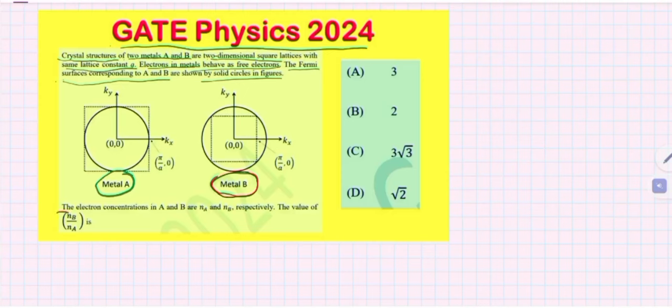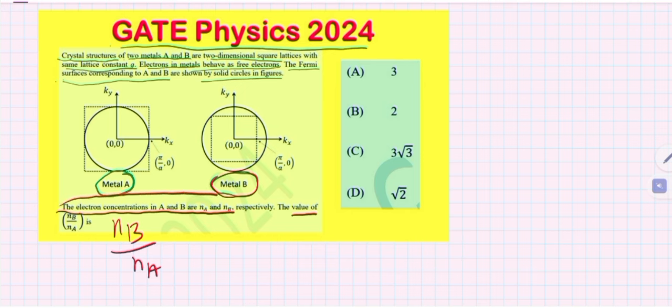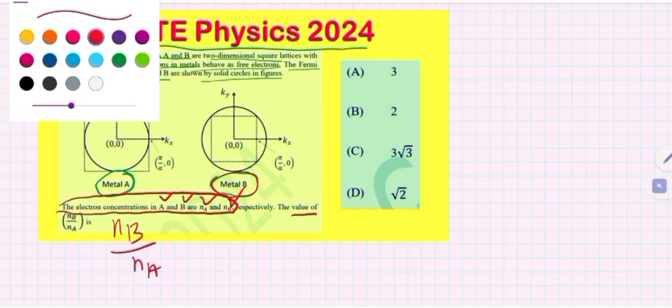What we have to find out is the value of Nb divided by Na. This is the electron concentration: the electron concentration in metals A and B is Na and Nb respectively.